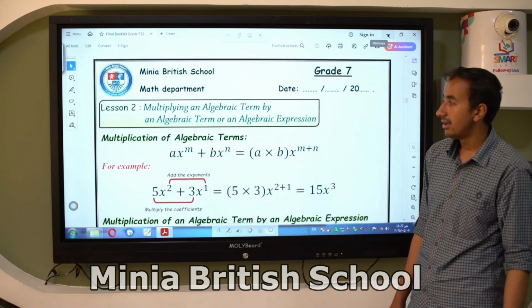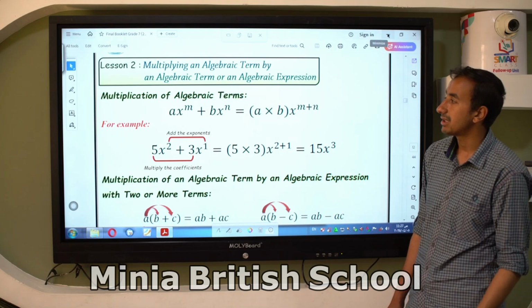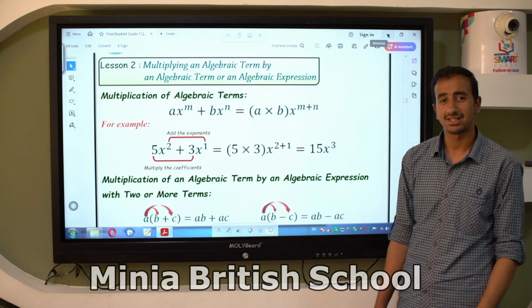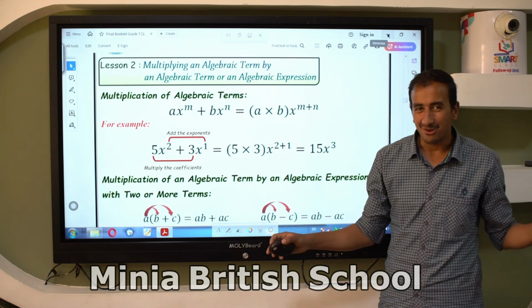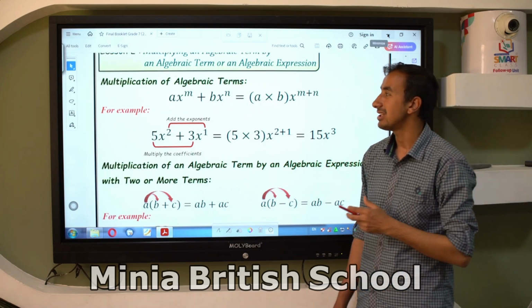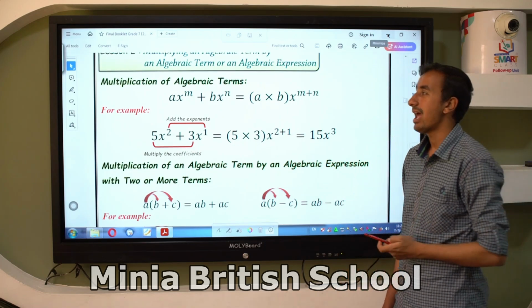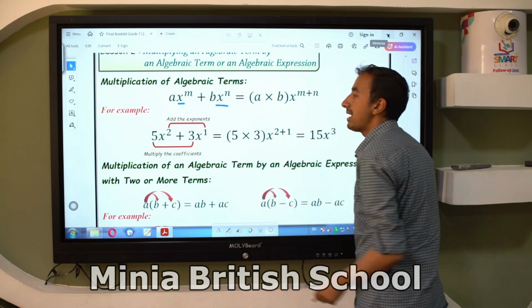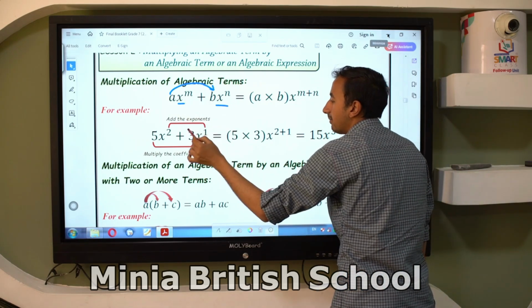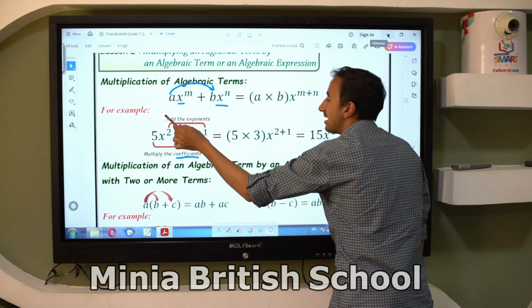We have here lesson 2, multiplying an algebraic term by an algebraic term or algebraic expression. Here we have multiplication of algebraic terms. If we have the same base but different powers, I can multiply the coefficients and add the two powers.